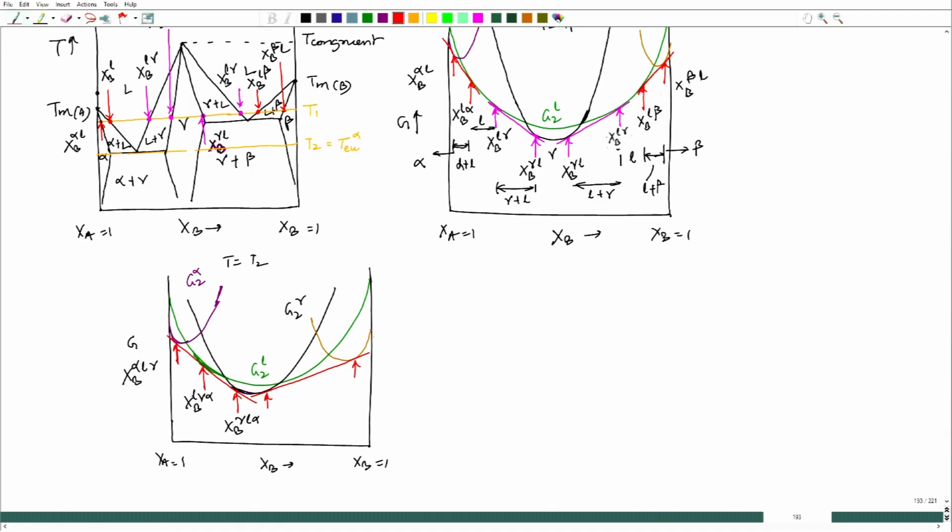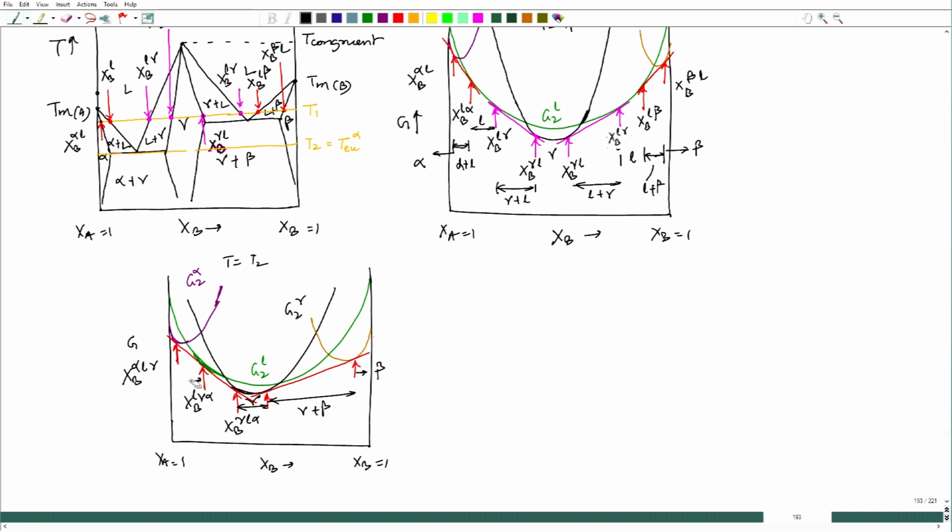So, we have 5 compositions which can be shown, and in between these two we have the gamma phase. In between these two we have gamma plus beta, right side of it we have beta. Here we have liquid.